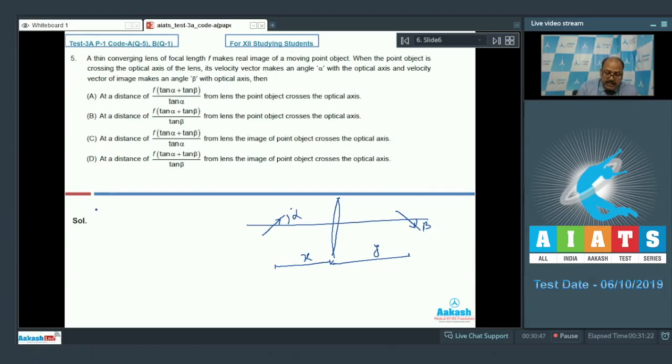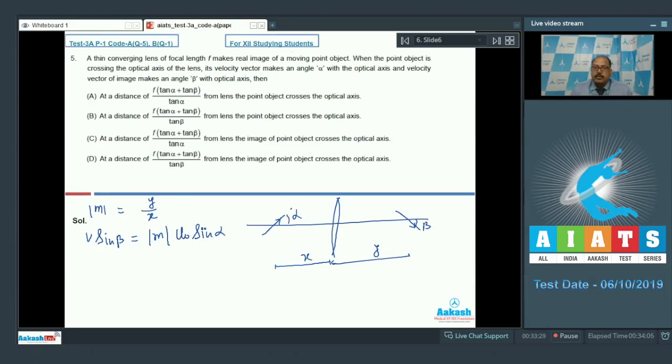Then it's very clear that magnitude of magnification is equal to y upon x. If we consider that the object is moving with velocity u0 and the velocity of image is v, then as the object is crossing the principal axis, we can say that v sin beta is equal to mod m into u0 sin alpha.